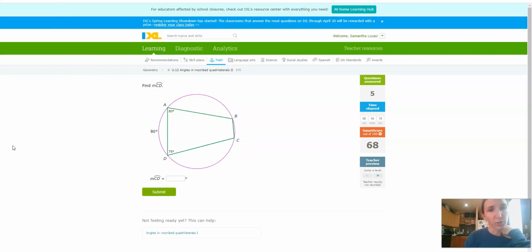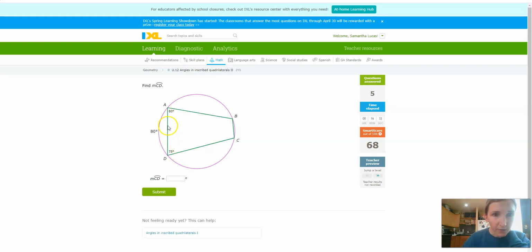All right, here's another multi-step problem. But again, you guys can figure this out if you just look at the information that you have in the circle and just play around with it. So looking at it, I can see that I have two inscribed angles, right? I have 75 and I have 80.